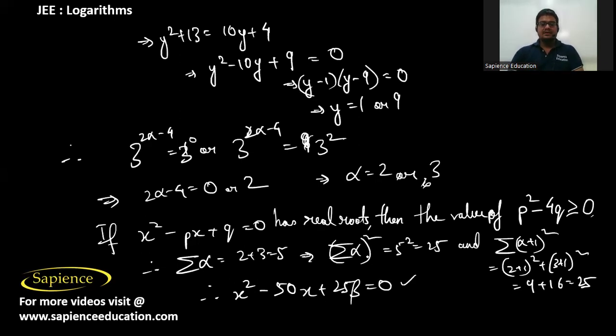It should have a real root. So it means p square, which is 50 square, minus 4ac, that is b square minus 4ac, 4 into 25 beta, that should be greater than or equal to 0.